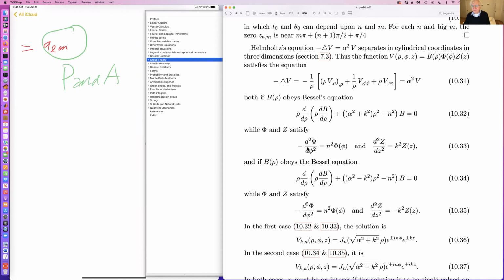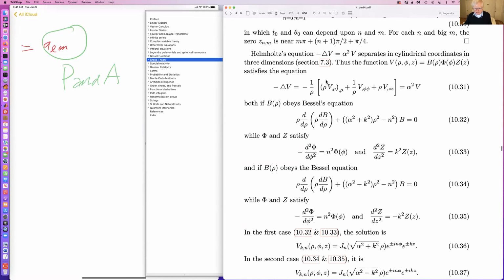And the Laplacian is then this in cylindrical coordinates equal alpha squared V. Then if B obeys Bessel's equation and phi and Z satisfy this, or B obeys a slightly different Bessel's equation with a minus sign here, and phi and Z satisfy this, then all of this works.